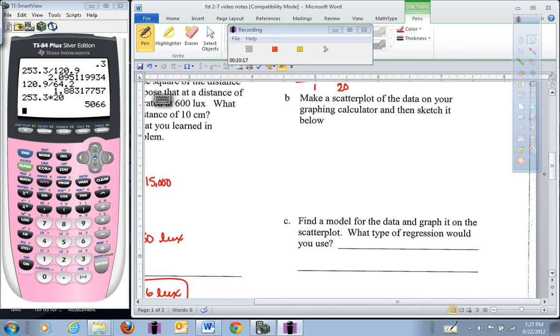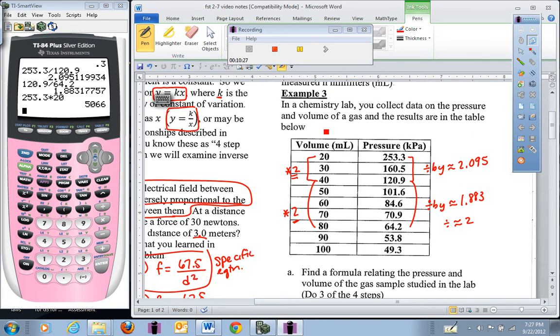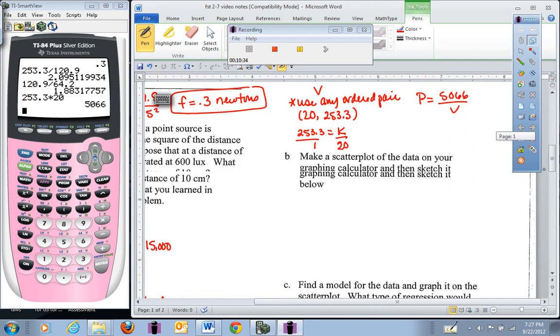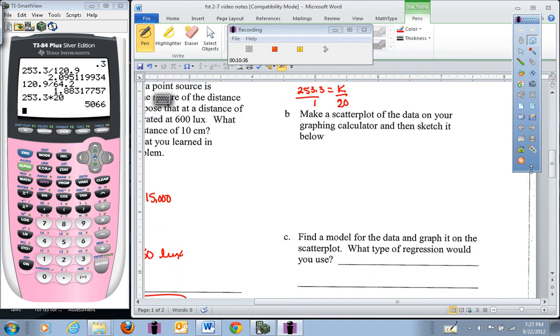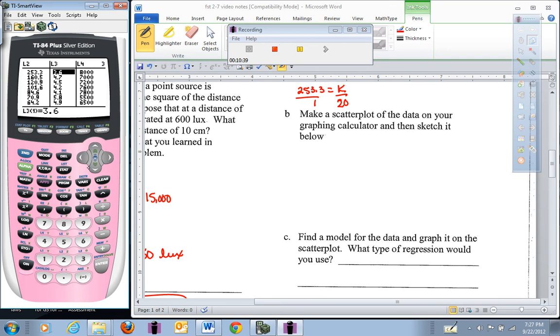So let's make a scatter plot of the data on our graphing calculator, and then let's just sketch what it looks like below. You may need to pause the video to enter this data. When you enter the data, you'll put the volume of the gases in list 1, and you can put the pressure in list 2. So go ahead and pause the video if you need to get that typed in. All right, I have my data typed in list 1 and 2.